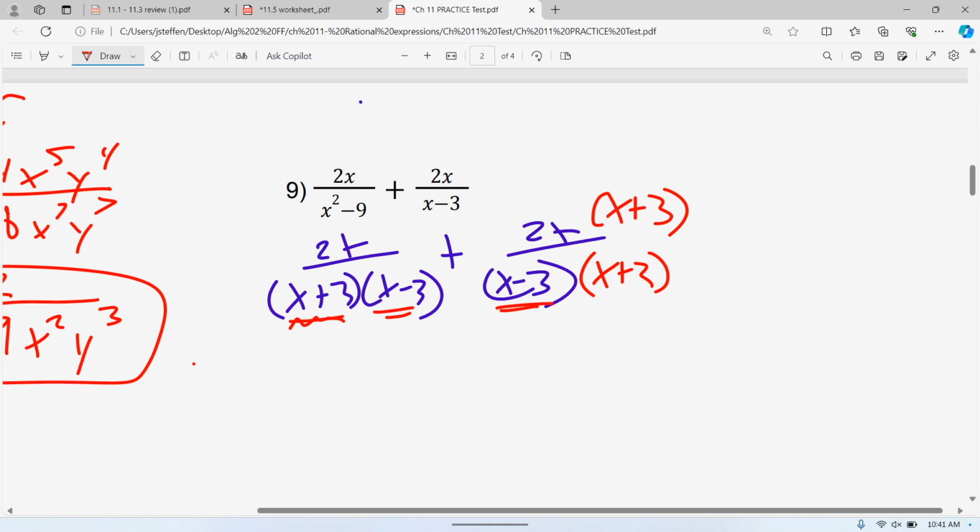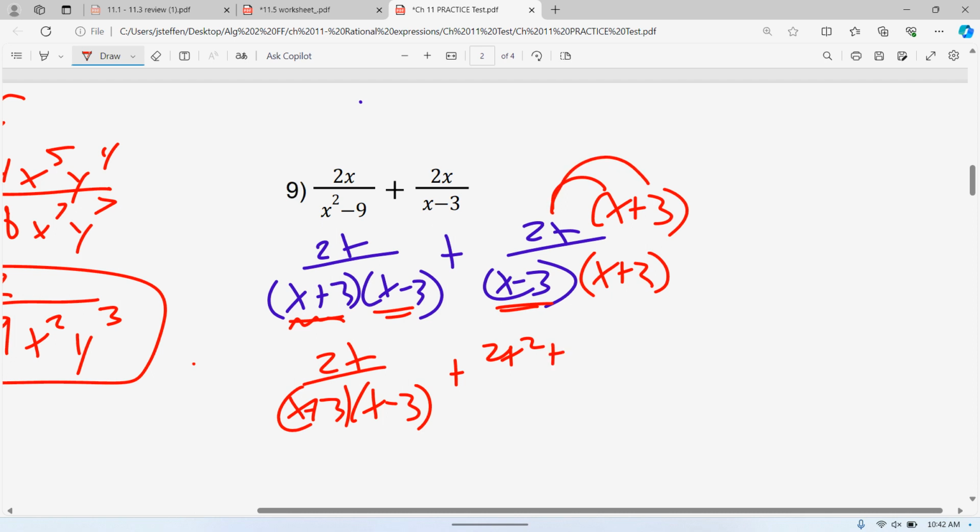So I am left with 2x over (x plus 3)(x minus 3), plus 2 times x is 2x squared, times 3 is 6x, over (x plus 3)(x minus 3).